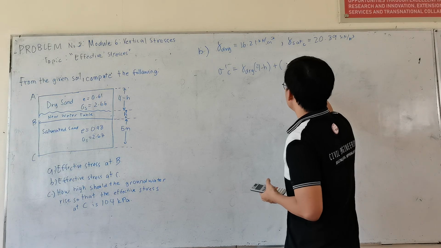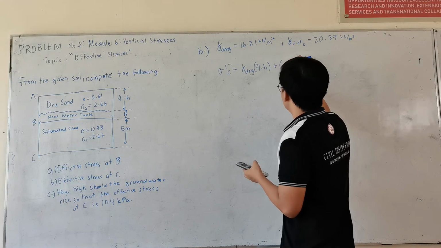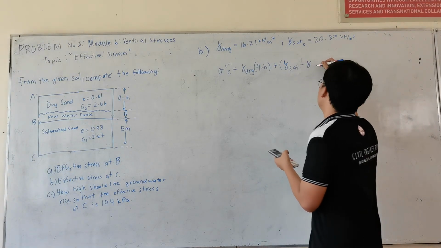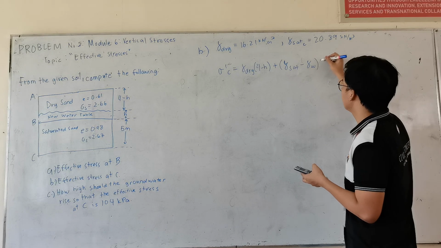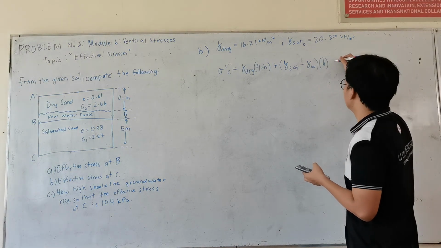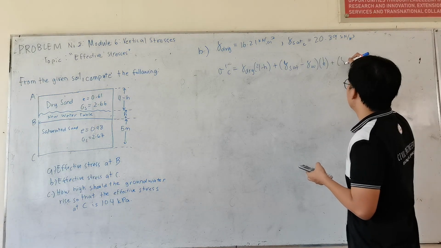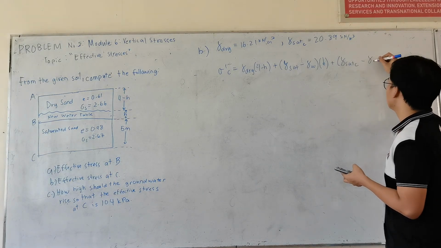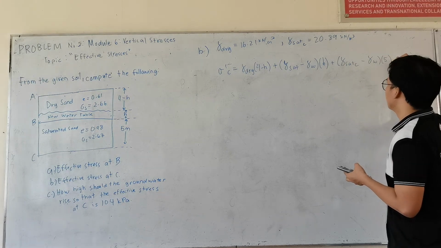So, y-sat minus unit weight ng water times H plus y-sat sa C minus unit weight ng water times 5.